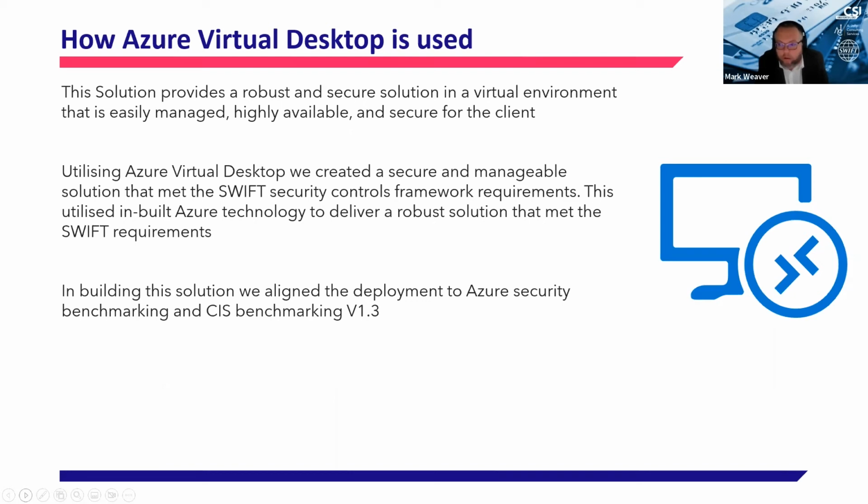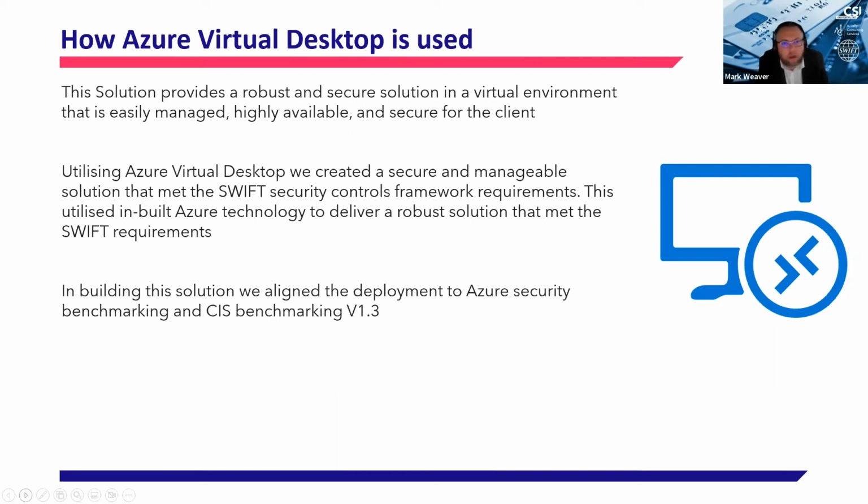We stripped down the security, so only they can access those websites, and we utilized a lot of the inbuilt Azure technology to deliver the robust solution. Only certain users can access this. They can only access this solution via MFA from a predetermined location, utilizing a separate Active Directory account. So multiple layers of security built in there at an infrastructure level.